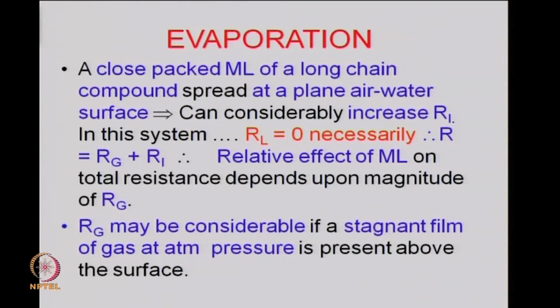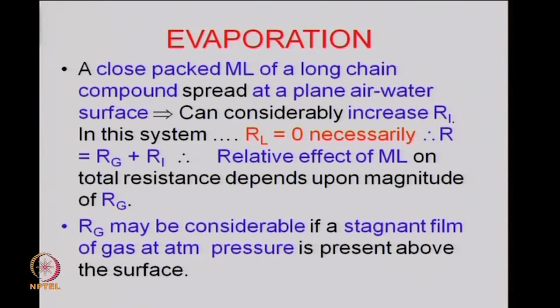What if at the plane air-water surface we have a monolayer, a close-packed monolayer of some long chain compound? We now expect a considerable increase in the interfacial resistance Ri.